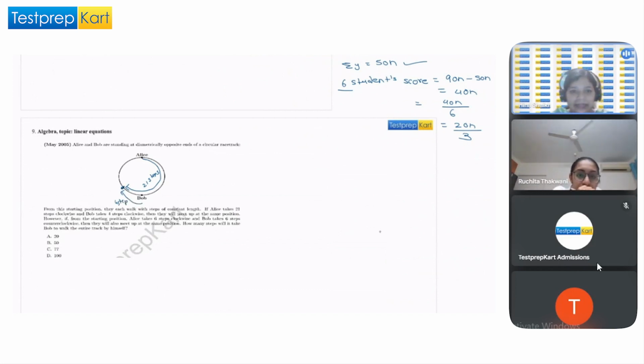The next thing is, however, if from the starting position Alice takes 6 steps clockwise and Bob takes 6 steps counterclockwise, then they will also meet up at the same position.